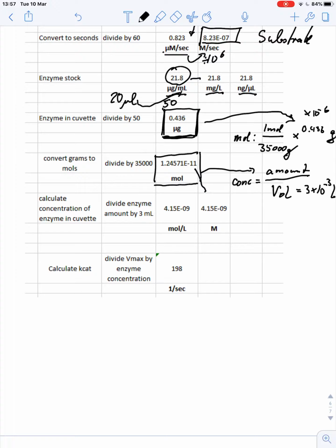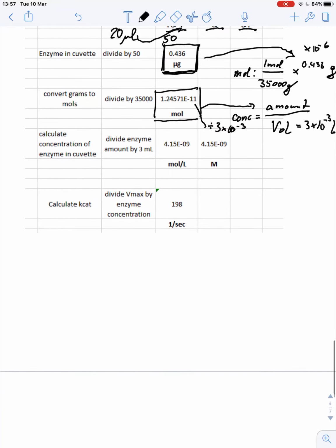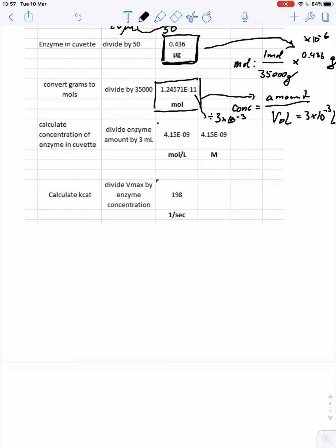So if we divide this number here by 3 times 10 to the minus 3, we get a concentration of 4.15 times 10 to the minus 9 mole per liter, which of course is the same as 4.15 nanomolar.